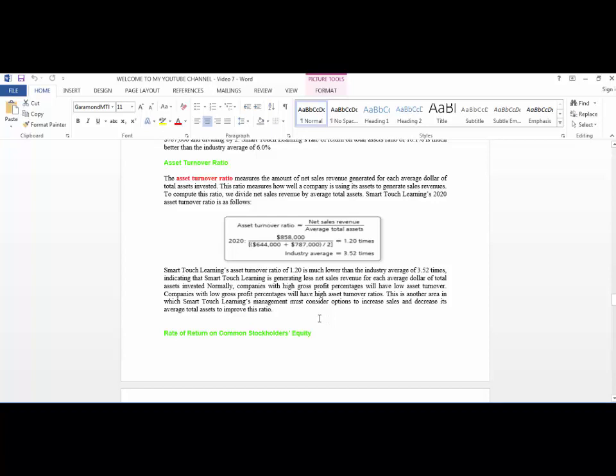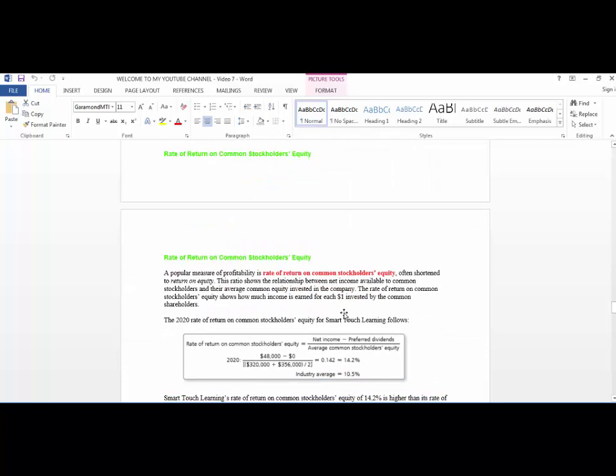Normally companies with a high gross profit percentage will have a low asset turnover, and if a company has a low gross profit percentage, it will have a high asset turnover ratio. So this is another area where the company has to increase its sales and decrease its average total assets to improve this ratio. We have another ratio based on return on common stockholders' equity.